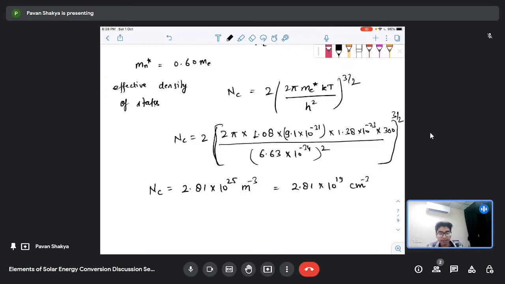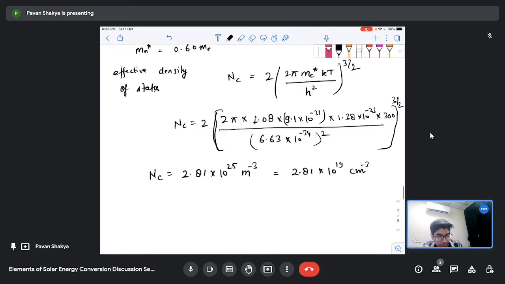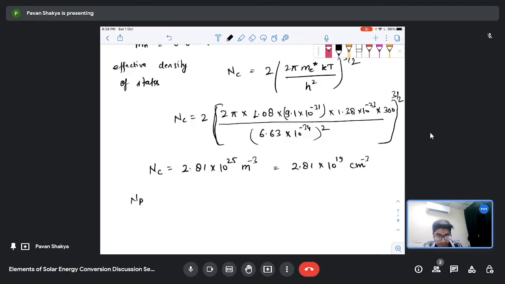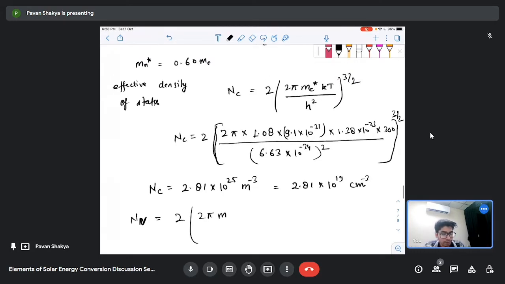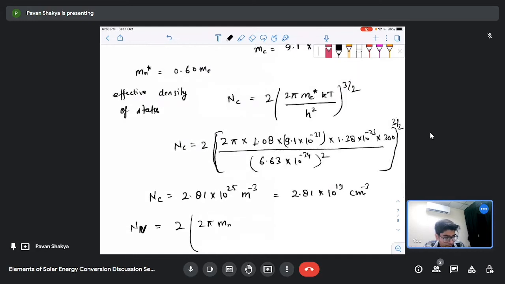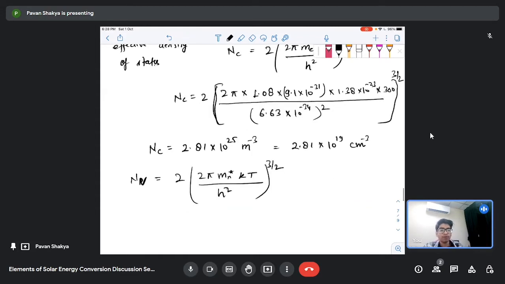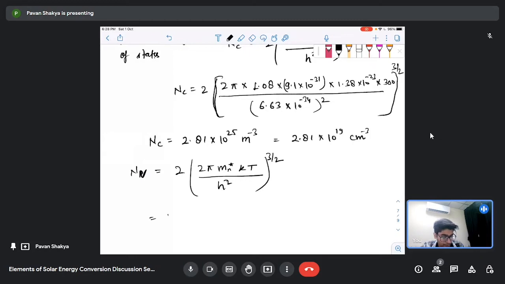Okay, similarly we can find the value for Nv, and the formula is given as 2 multiplied by (2 pi, and instead of me star, the term will now be mh star, the effective mass of the hole, multiplied by kT divided by h square), and the whole power is 3 by 2. Now in this formula also we have all the values, so we will put these values.